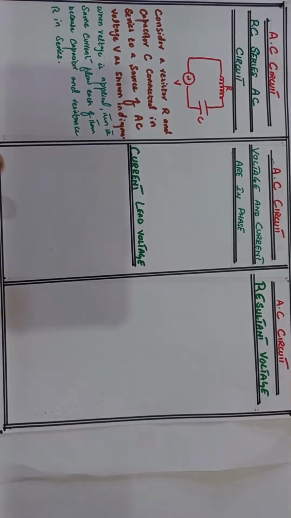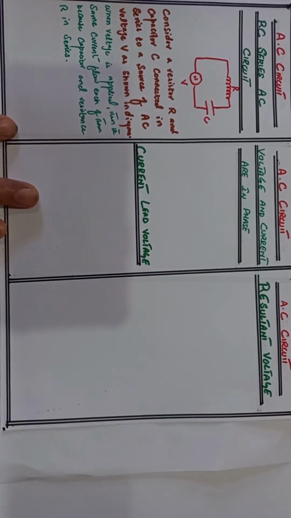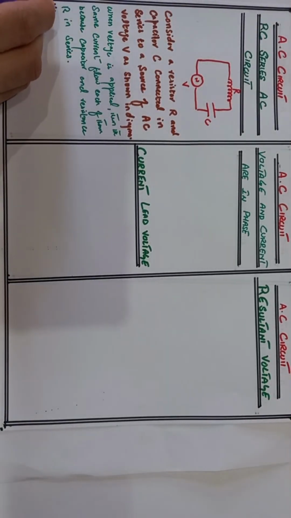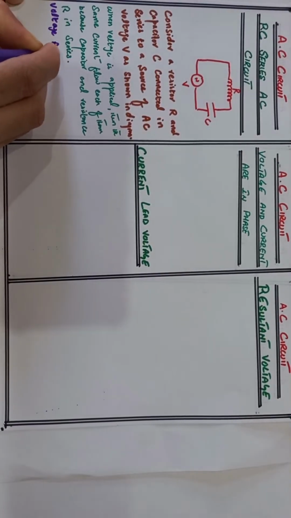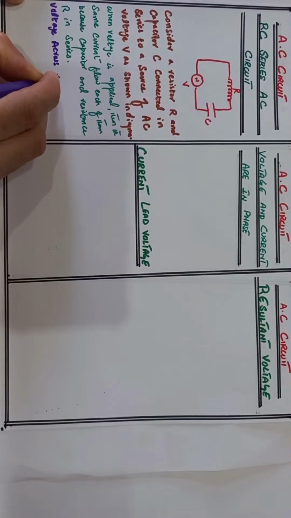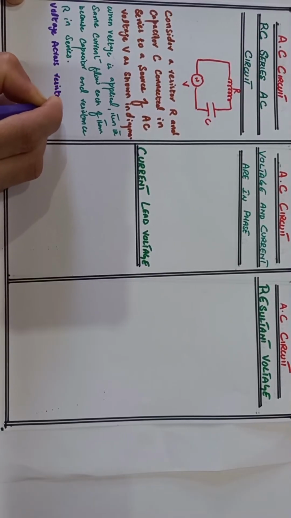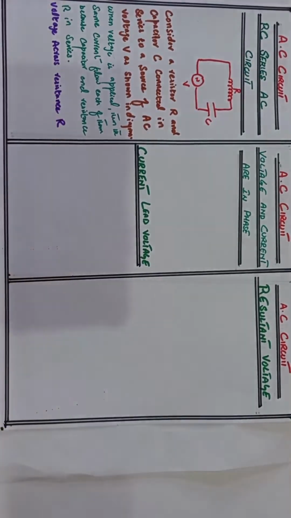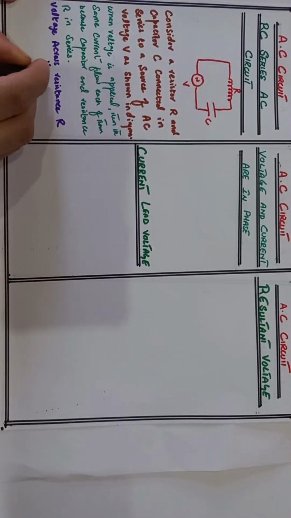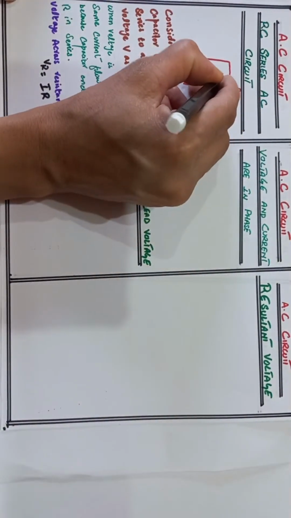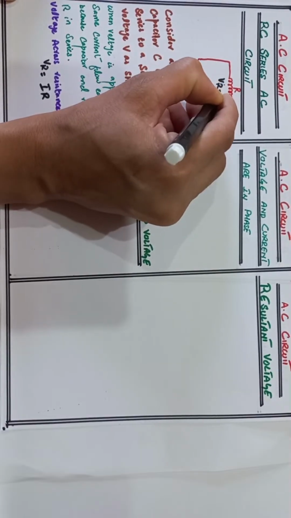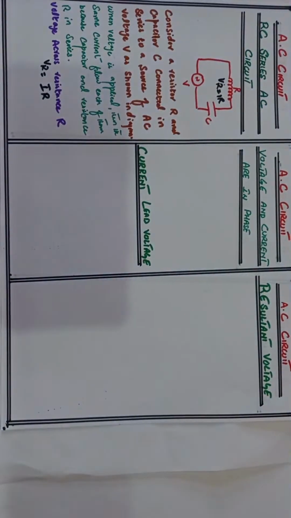In the last we write that the voltage across resistance R is VR equal to IR. Here is the resistor, so voltage VR is equal to IR.